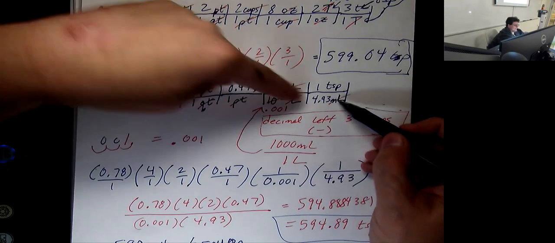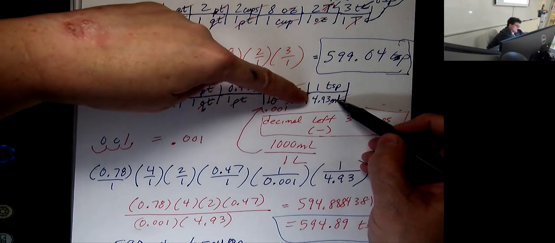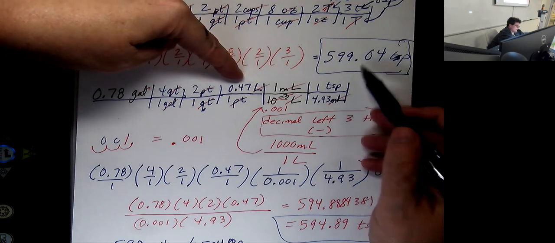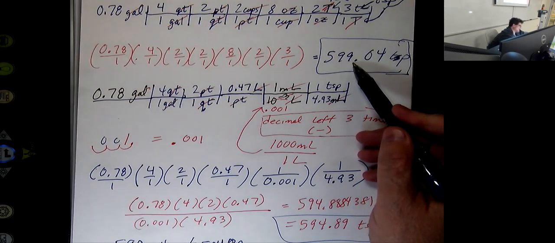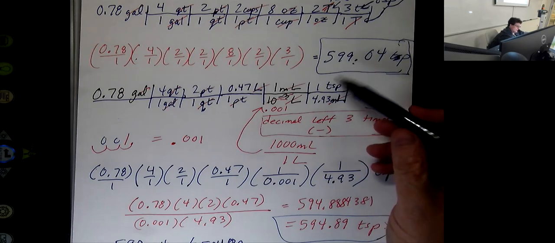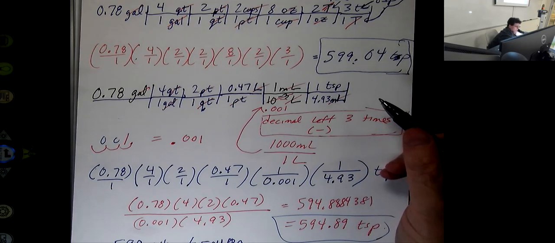And then this happened again here. We had more error here. So we had 2 sets of errors, and the errors compounded to the point where it made a 5 teaspoons difference. That isn't a lot, but it is almost 1% off. So you're better off not switching systems if you can avoid it.